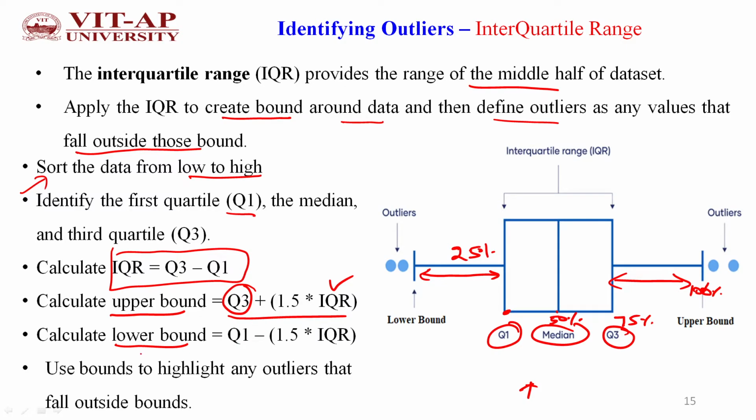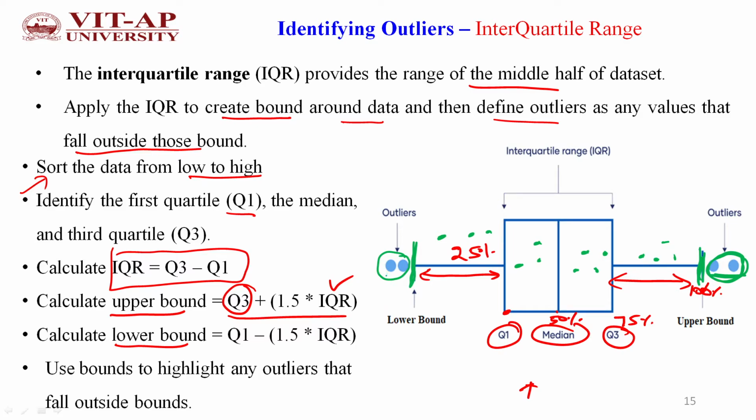Then we can calculate the lower bound. Based upon this, the data points available within the bounds contribute to our model. The data points which are outside of the lower bound and outside of the upper bound, these data points are called outliers.